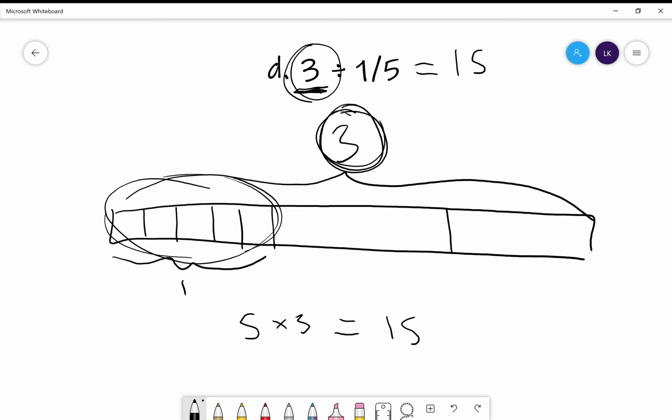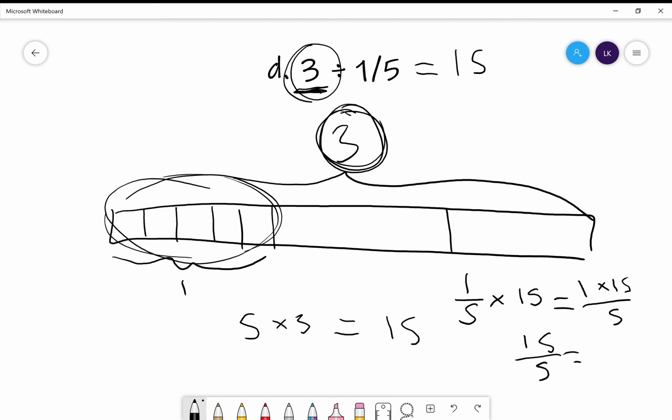How do I know it's correct? Well, let's go ahead and double check. Let's take 1/5 times 15. 1 times 15 over 5. That's the same as 15 over 5. 1 times 15 is 15.